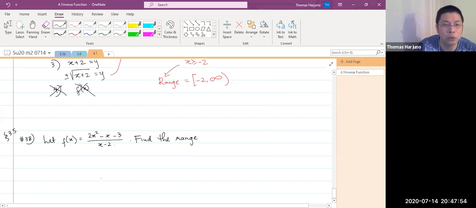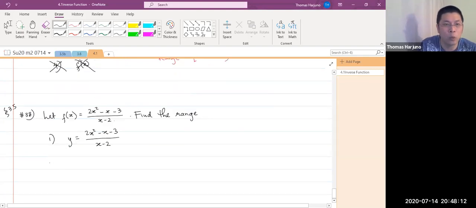So what I will do is I find the inverse. Step 1, y equals 2x squared minus x minus 3 over x minus 2. Step 2, I swap the x and y. X becomes y, y becomes x.